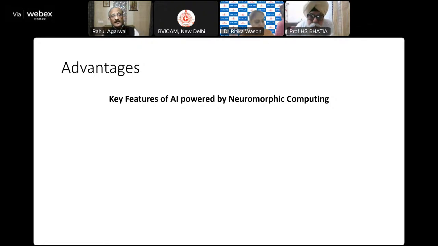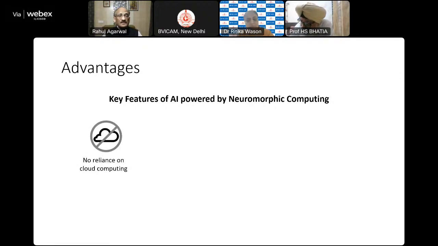So if we have AI which is powered by neuromorphic computing, since the power requirement and the processing requirement are drastically reduced, we don't need to rely on the cloud computing.